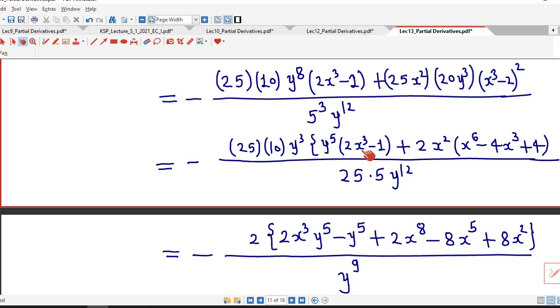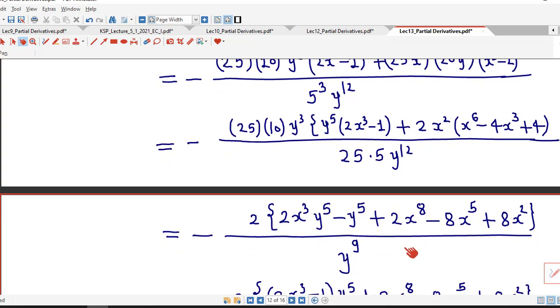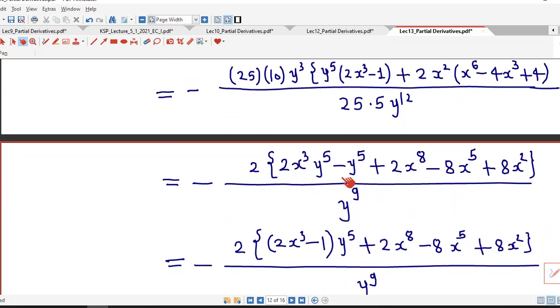So it is 2x cube y raised to 5 minus y raised to 5 plus 2x raised to 8 minus 8x raised to 5 plus 2 into 4, which is 8x square. Now here we can take y raised to 5 common, so we have 2x cube minus 1 times y raised to 5 and the other terms as it is.